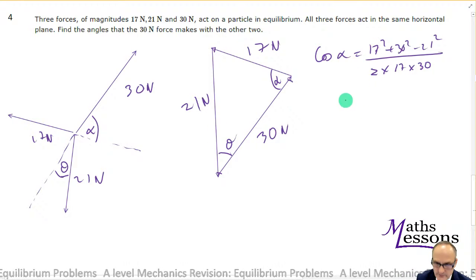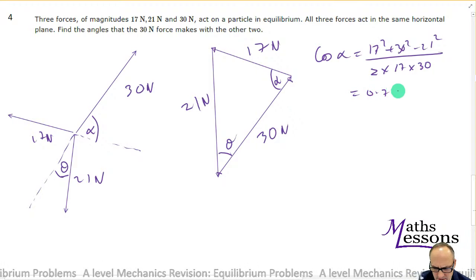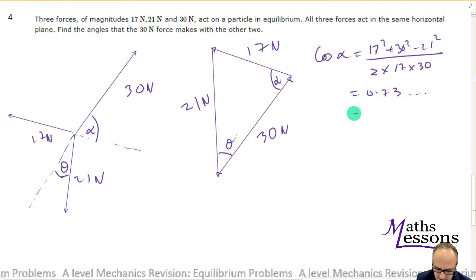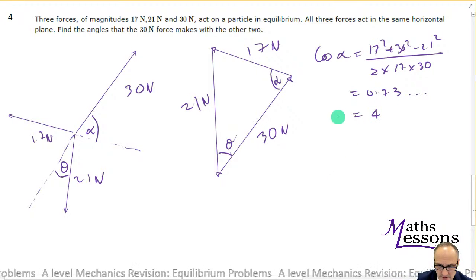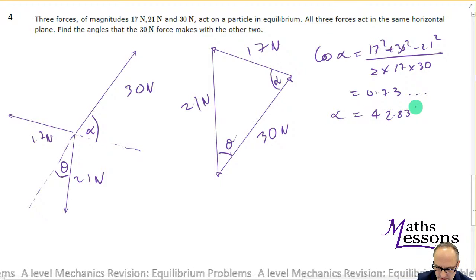So, carrying on from here, this is equal to about 0.73 something. I can't read my own writing, I've scrawled the next number away. When you work this out, you get alpha equal to 42.83 degrees.